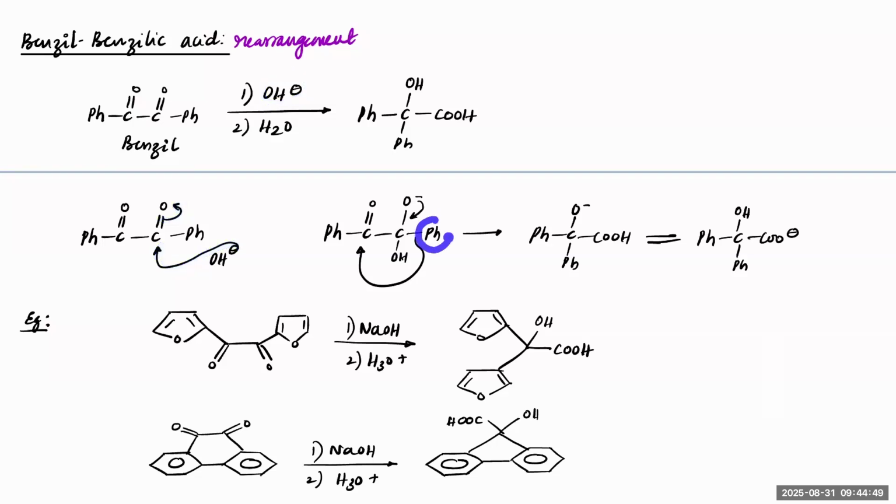Now there is no hydrogen, but there is a phenyl group. Instead of hydride shifting, this time as it closes, the phenyl will shift onto the next carbon. So it is the same as Cannizzaro, except that instead of a hydride shift, now we have a phenyl shift. Is that clear? So phenyl will shift here, you will get O minus, and this will become an alcohol, and this side it will become an acid.